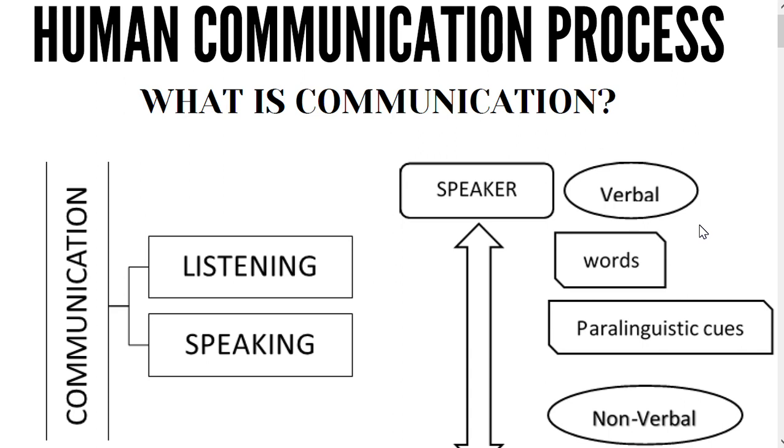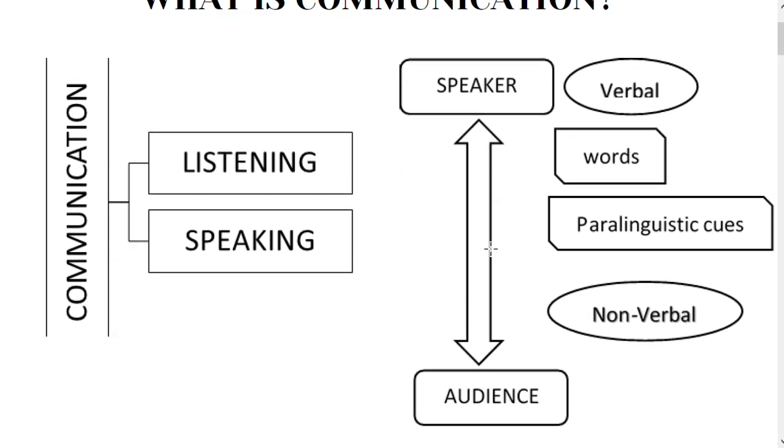When it comes to listening and speaking, there are 2 participants, which are the speaker and the audience. What is involved is verbal and non-verbal communication. From the audience's point of view, what does the audience look for in the speaker? They will look at the verbal communication, which is the words, and also the paralinguistic cues.